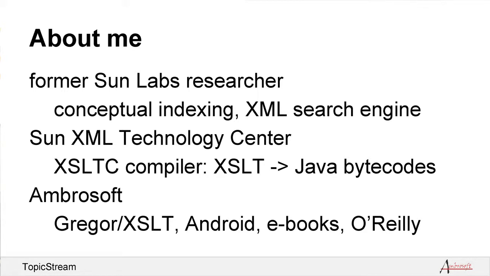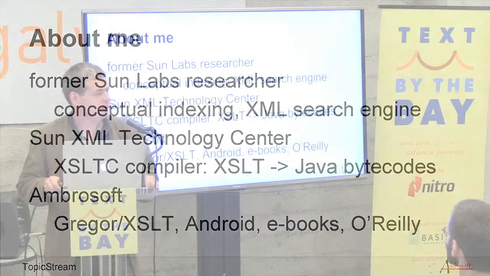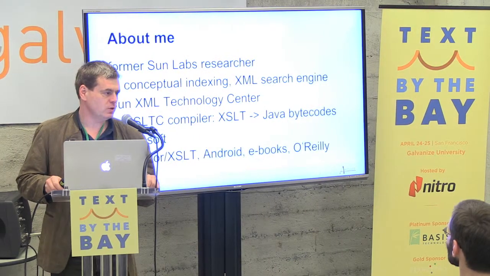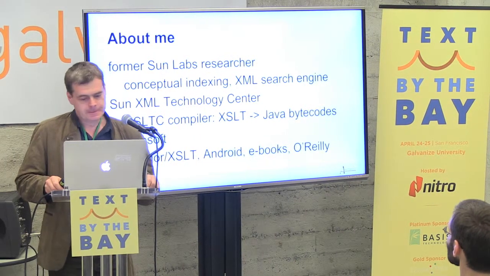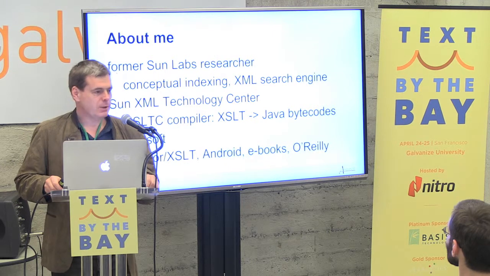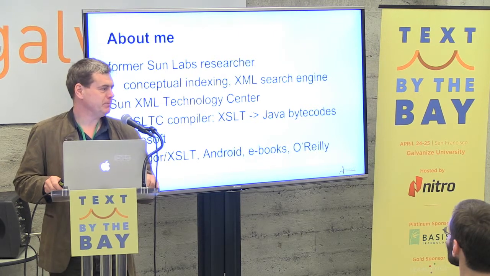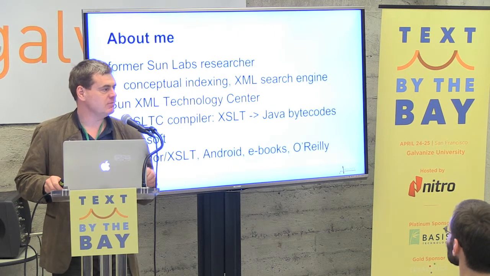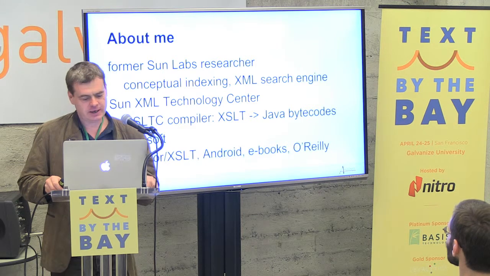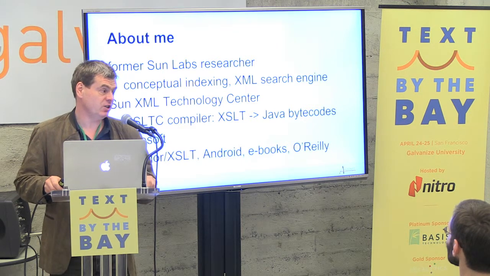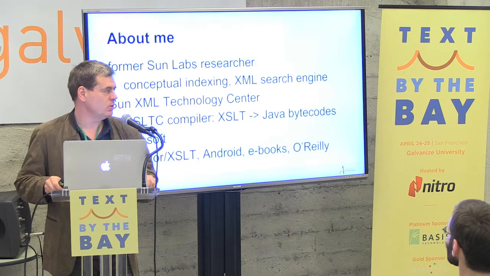Later I moved to the XML Center at Sun and wrote the first XSLT to Java bytecodes compiler, which has become what is known as XSLTC. And now I'm working for myself, licensing some of the XSLT software, working on Android applications, and experimenting with e-reading.